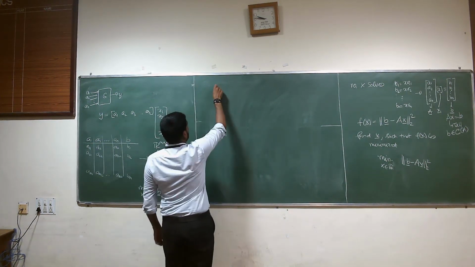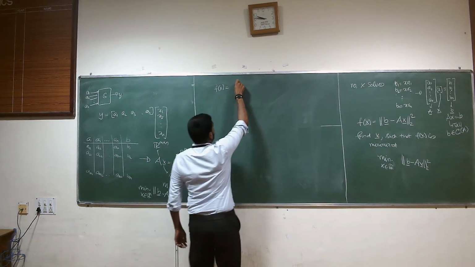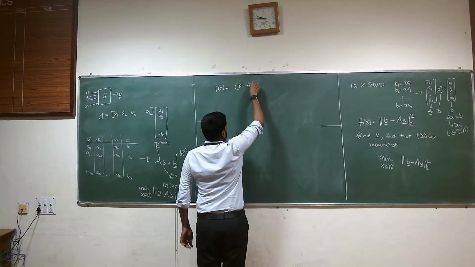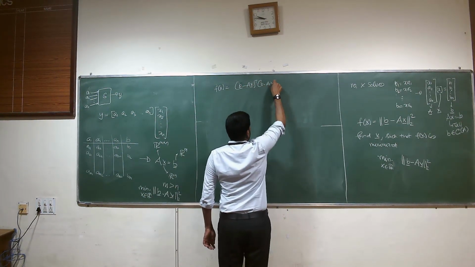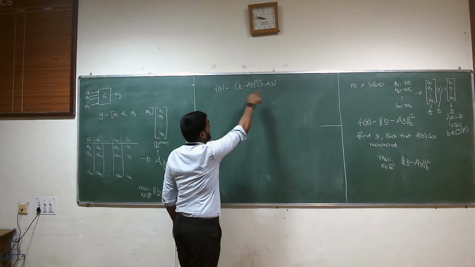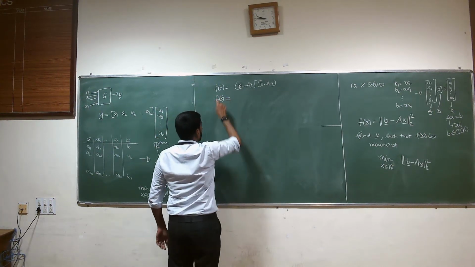This is f of x. I can write this simply as (b minus Ax) transpose (b minus Ax). Tell me what you will get if you multiply this out. That will be my f of x.